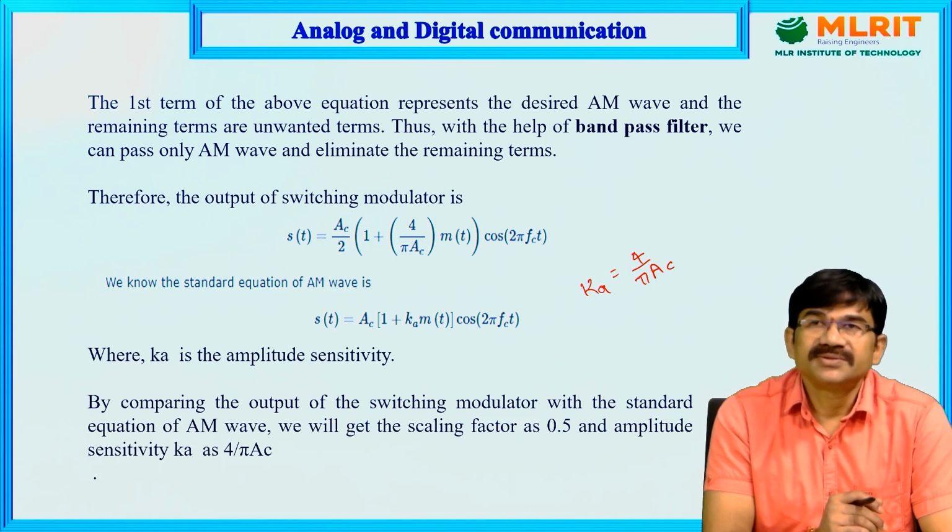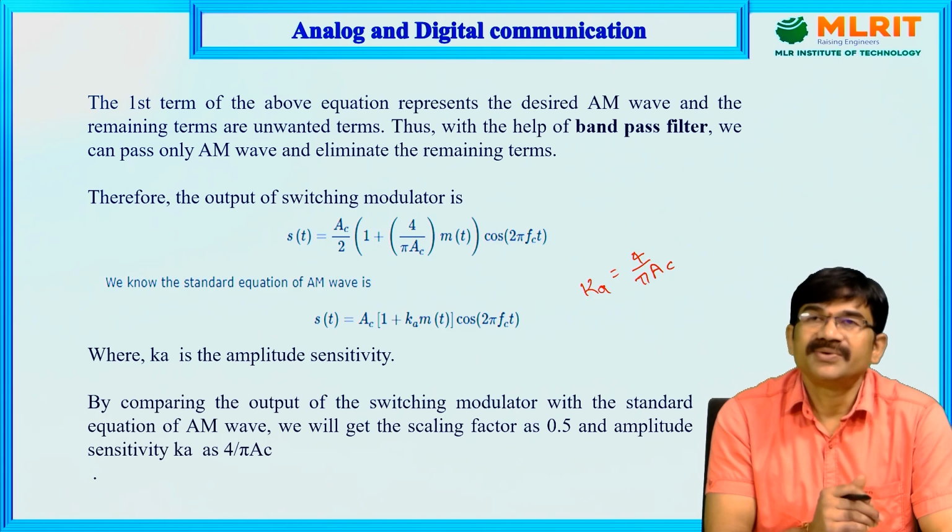The next modulator is the switching modulator. Here also the diode is used as a switching element, a nonlinear element, but the diode output expression is different. Here the carrier signal and modulating signal are both applied to the input of the diode.